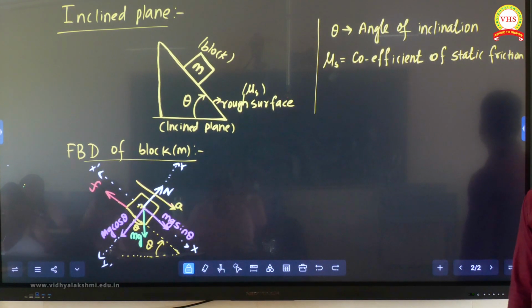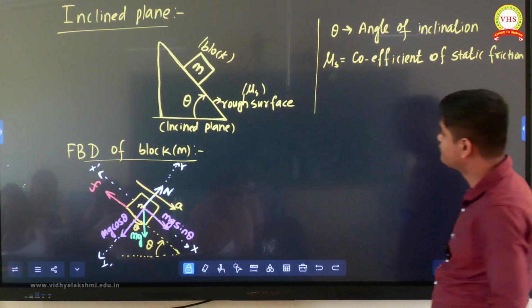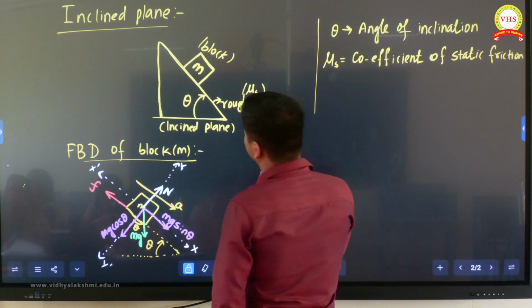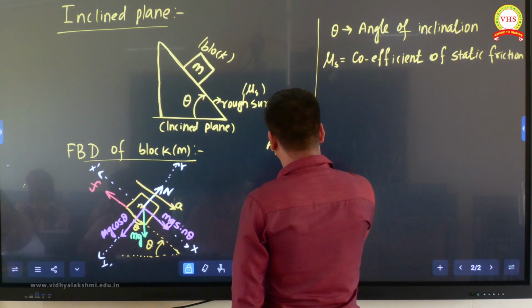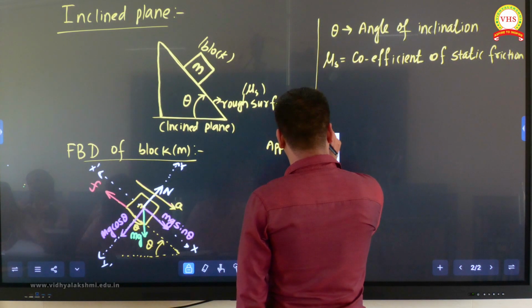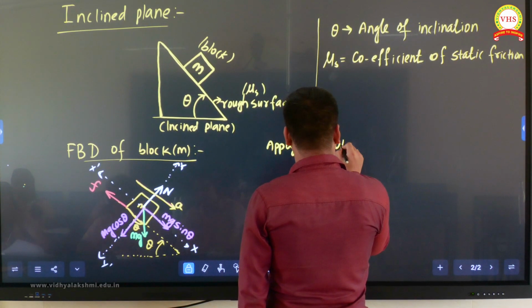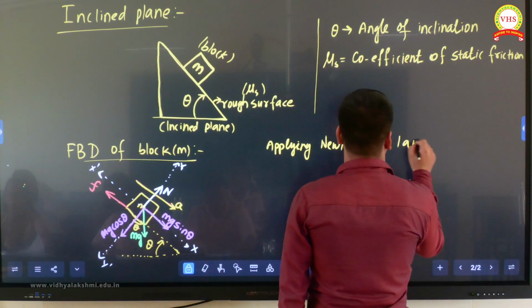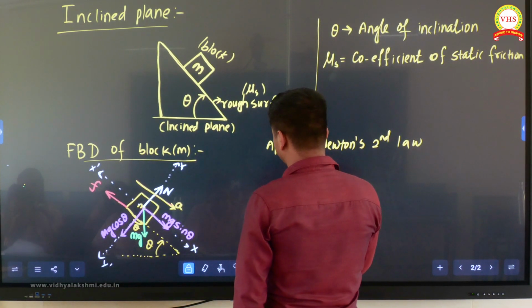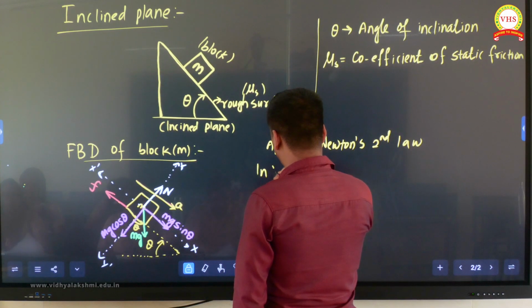Now what can we do here? You apply Newton's second law. Applying Newton's second law, what can I get? Now in the y-axis you apply.